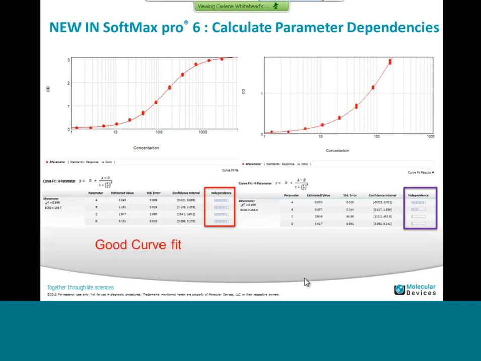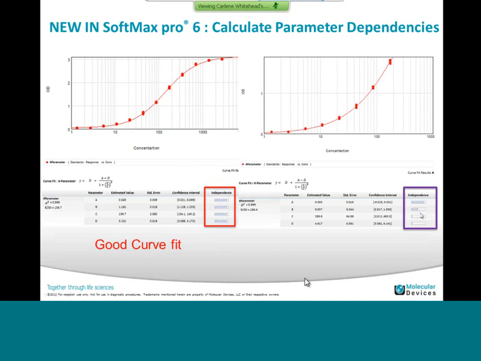However, when I have a 4-parameter curve fit where the higher asymptote is missing, all the parameters describing the curve that depend on the higher asymptote, described by parameter D, are dramatically affected in their independence. You can see that parameters D and C have only 1 bar, showing a very poor definition of those parameters.